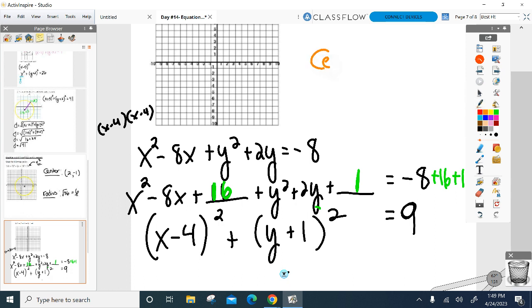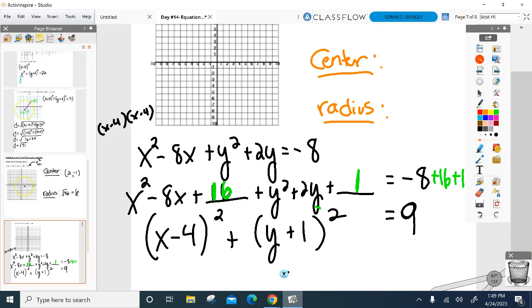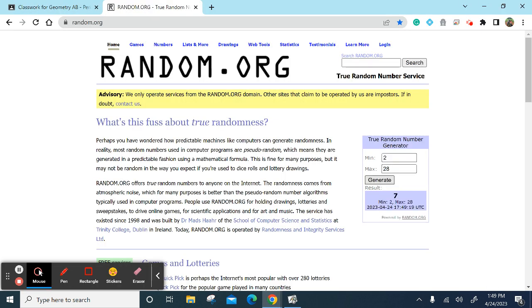All right, what's the center then and what's the radius? Oh, 27. How about the center? 4, negative 1 looks good. And how long is the radius in this one? 7?